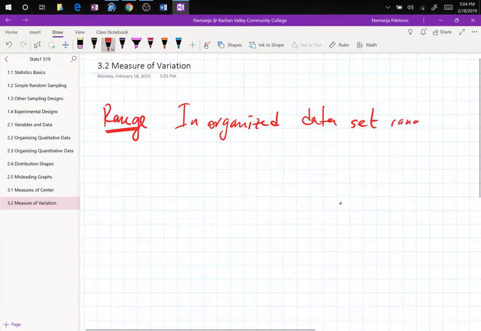Range equals max minus the min. Very simple. So find the highest entry, find the lowest data entry, and just subtract them. So it's very, very simple.